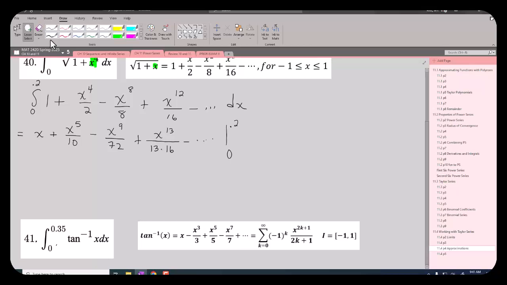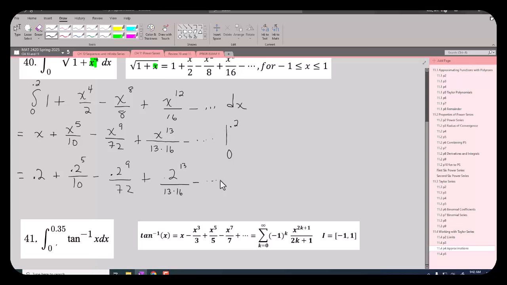Okay, so now let's substitute in. Plugging in the 0 is not going to contribute anything. So all we're doing is plugging in 0.2. So we're going to end up with 0.2 plus 0.2 to the 5th divided by 10 minus 0.2 to the 9 divided by 72 plus 0.2 to the 13 divided by whatever 13 times 16 is, etc. So we have that.